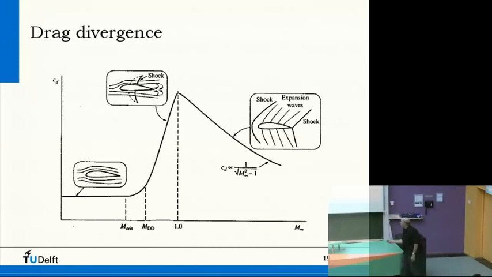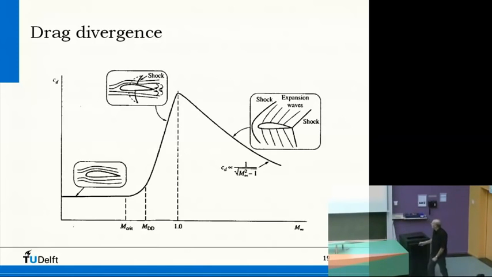Okay, so here we have the Mach number, and here we have the drag coefficient. Well, you see what happens is that here at low Mach numbers, there is a flow over the airfoil, nicely attached. And then we reach the critical Mach number here, so somewhere on the airfoil, the Mach is 1.